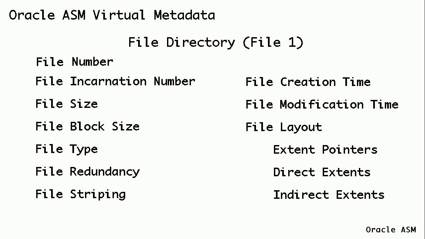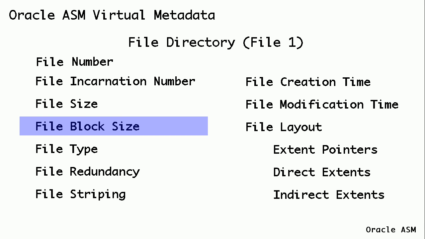The file directory contains file number, file incarnation number, and file size. Oracle ASM keeps track of both the physical space occupied by the ASM file in a disk group as well as the logical file size as seen by the database.